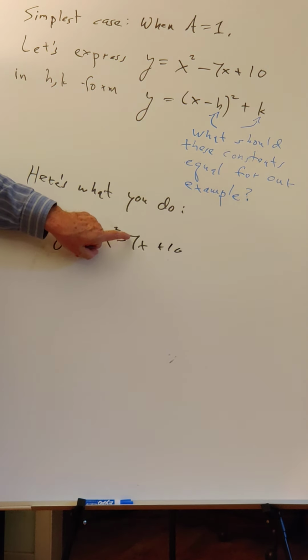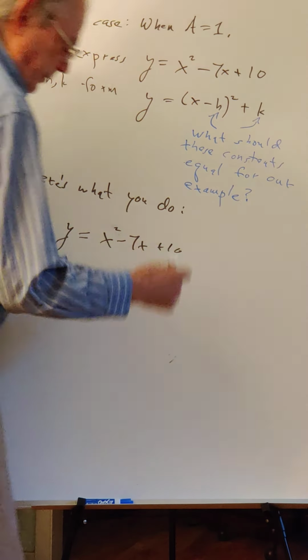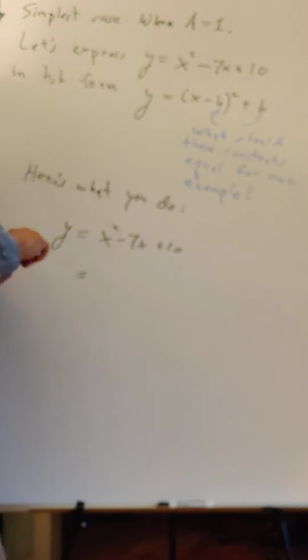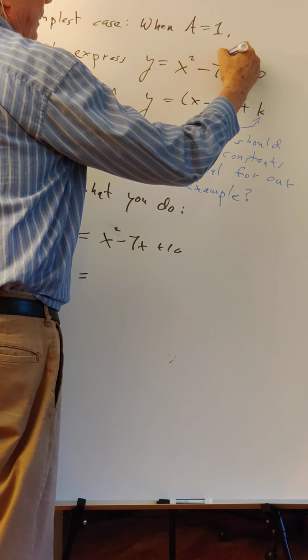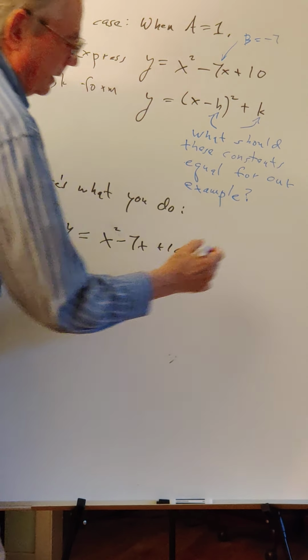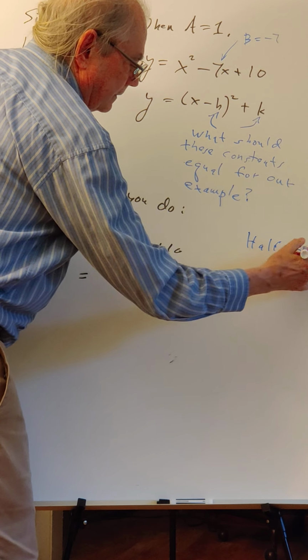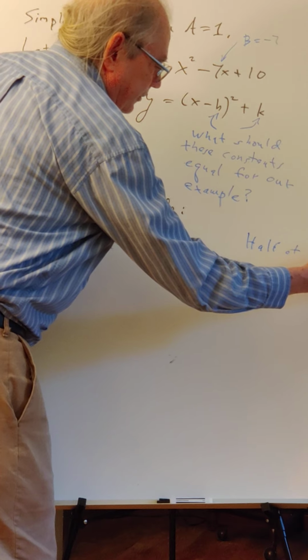Okay, so you take half of b, square it, and add and subtract this number. I'll do it over here. So you remember b is negative 7. Half of b is negative 7 over 2.